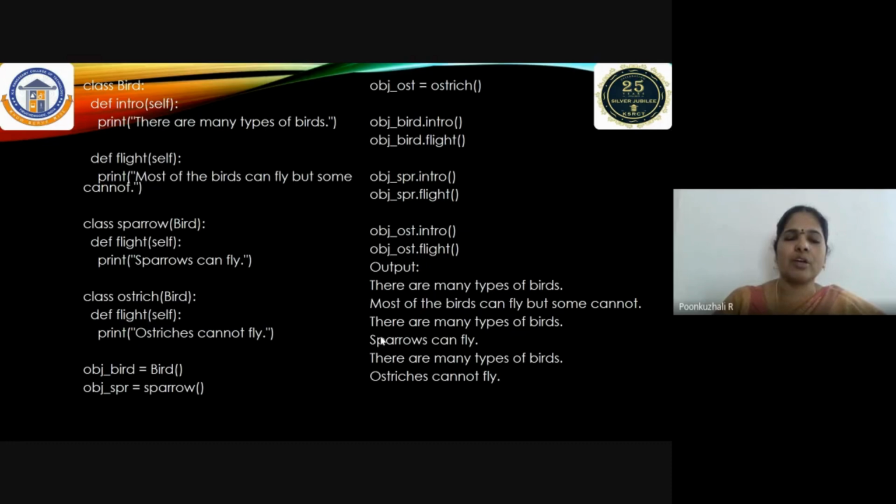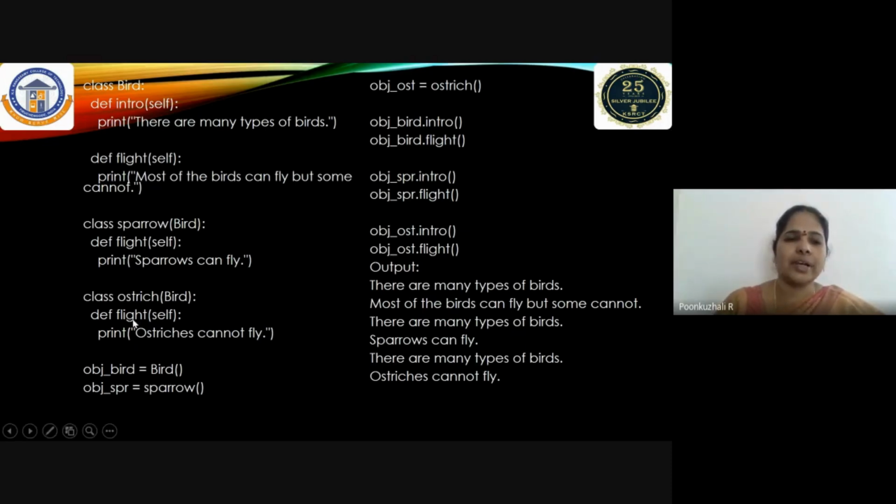When I create an object using the bird class, I'm able to access the intro function and the flight function. When I create an object using the sparrow class, again I am able to access the intro function in the base class, and the flight function, which is available in both the parent and the child class. Now it will access only the function in the child class. Okay, this is called method overriding.